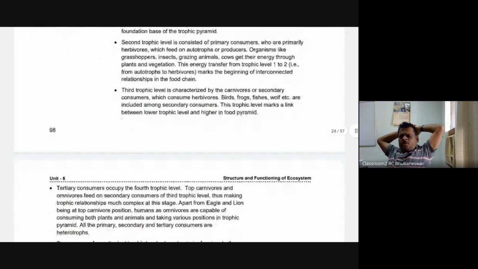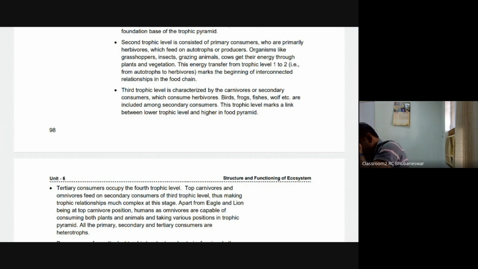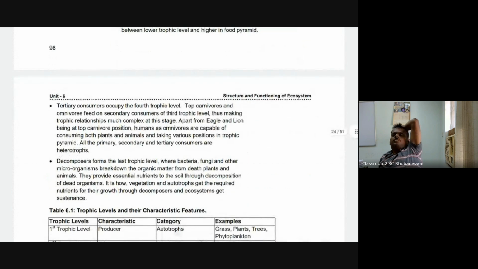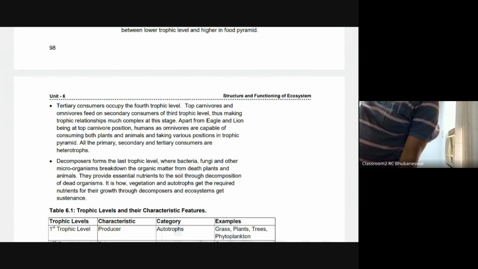Then you have secondary consumers in the third trophic level, and these are the carnivores. Examples are birds, frogs, fishes, wolves, etc. Who are the tertiary consumers? Tertiary consumers can be omnivores or the top level carnivores, like lions, eagles, and other predator animals.